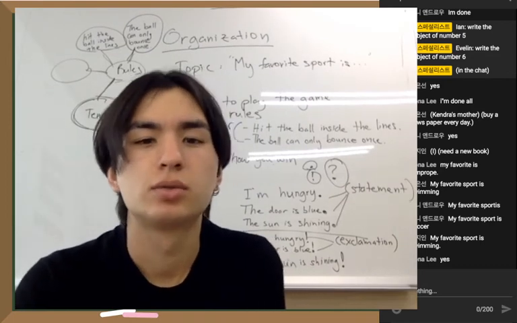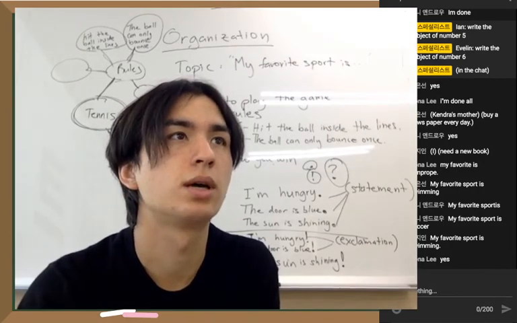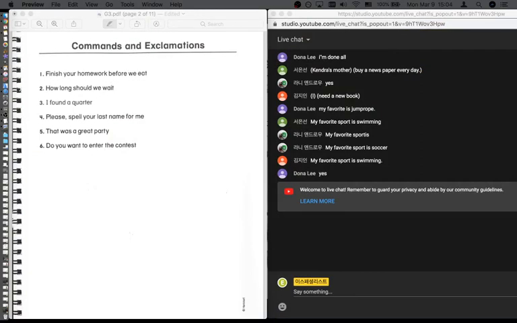Okay. So now let's go to this page. You are all on LAT page 5. Where are we? How do I switch this? Caption here. LAT page 5. And you can see this, right? We have 6 different ones with different punctuation. What should go here? Finish your homework before we eat. Should we use a period, an exclamation point, or a question mark? How long should we wait? What should we do? Period, exclamation point, or question mark? Same thing here, here, here, here. Use your pencil and write for each one of these. Make the mark here in your book.